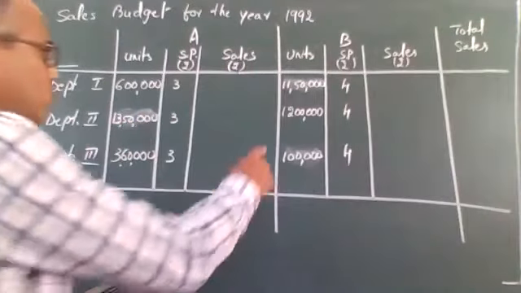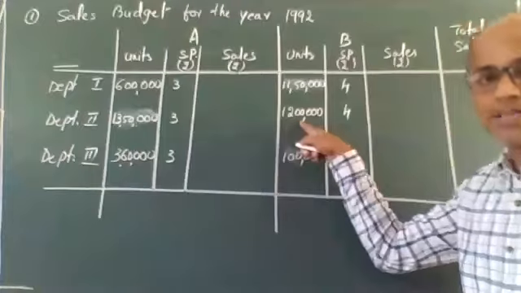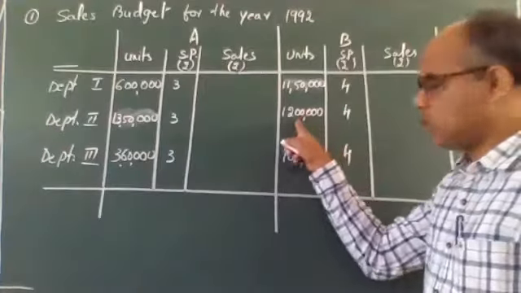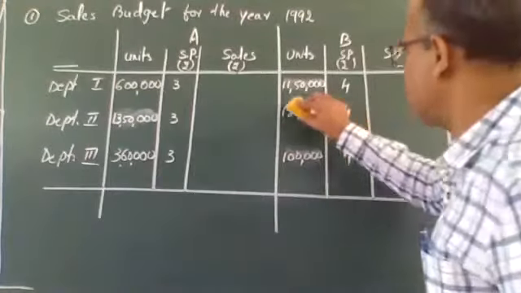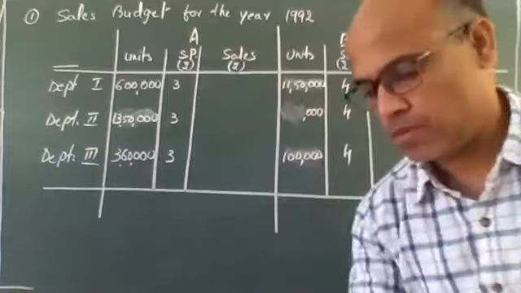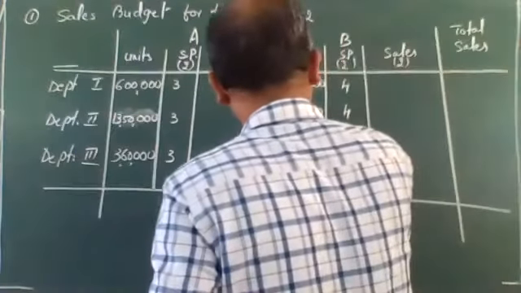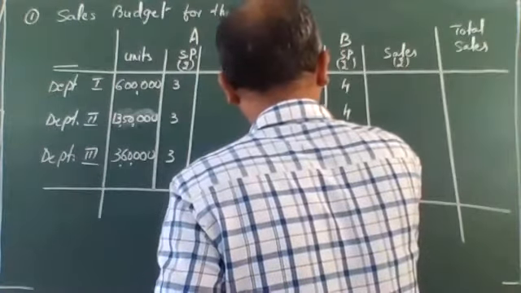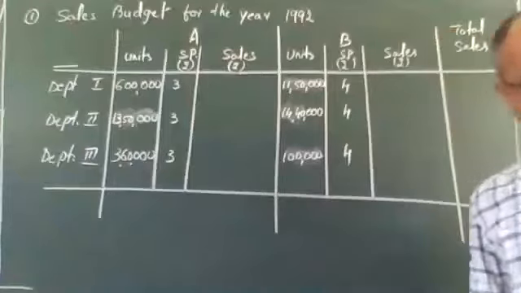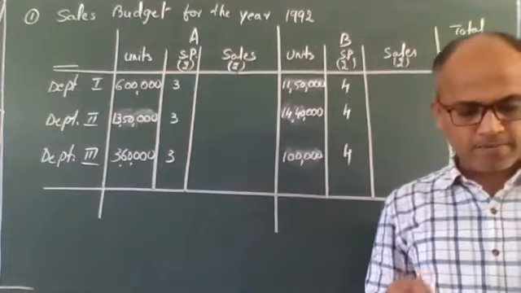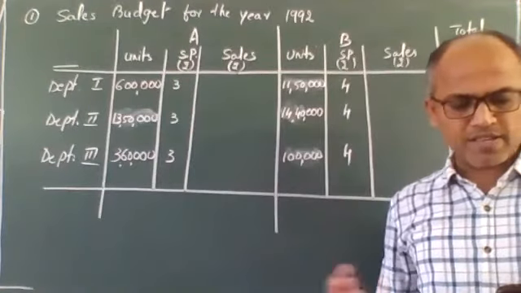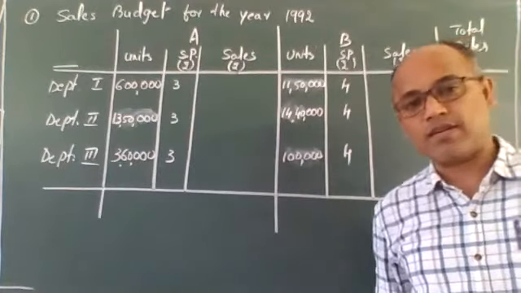Okay, and here also 20% increase. 12 lakhs, 20% is 2,40,000. 12 lakhs plus 2,40,000 goes to 14,40,000. So this will become 14,40,000. These are the changes he's set, and prepare a sales budget for the year to 31st December 1992.